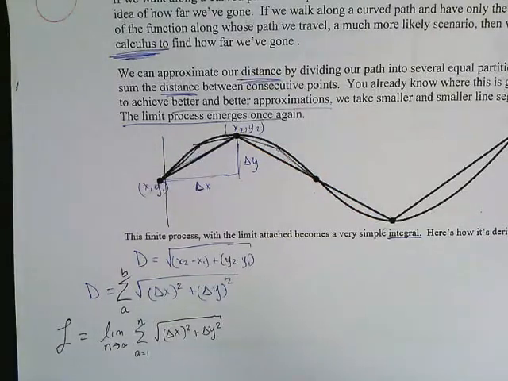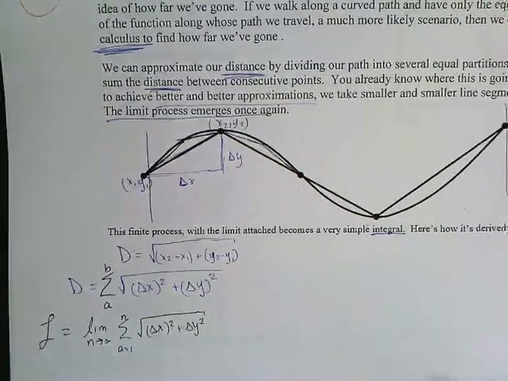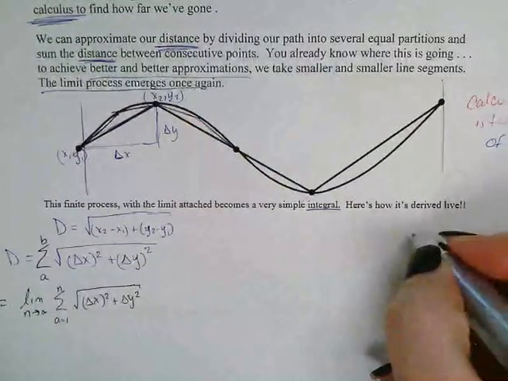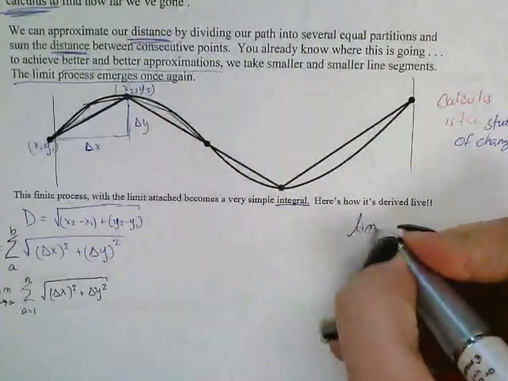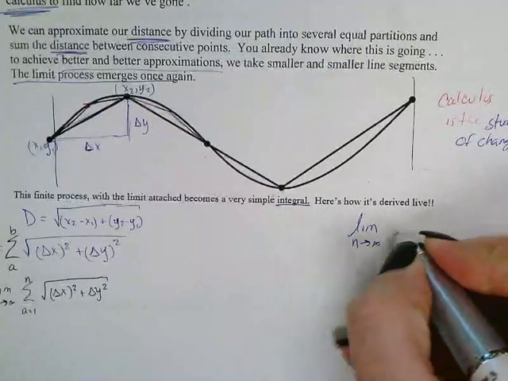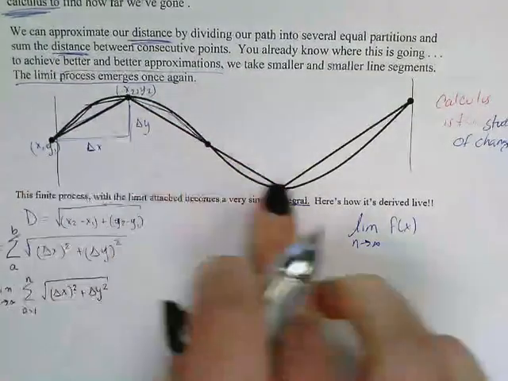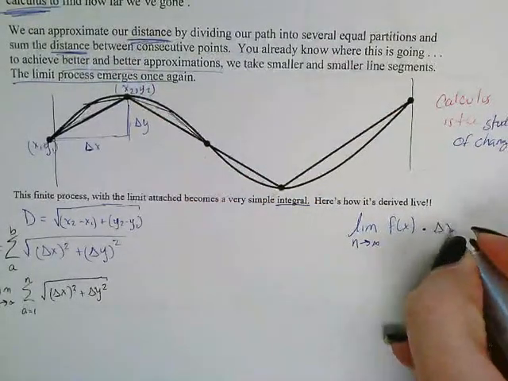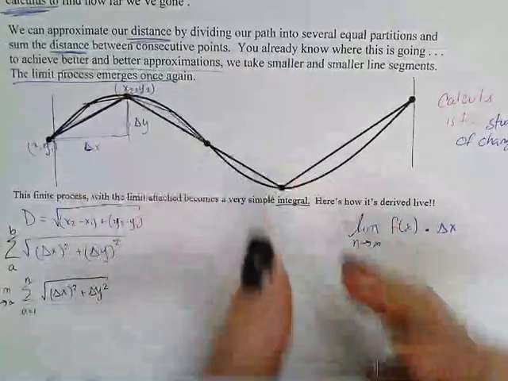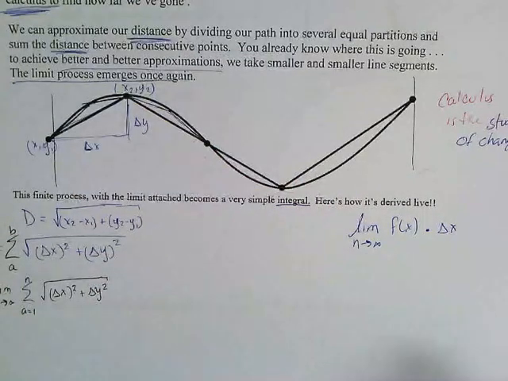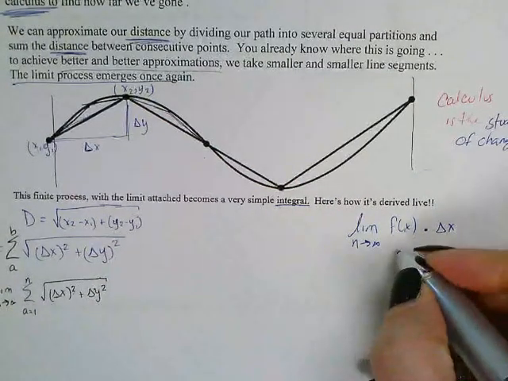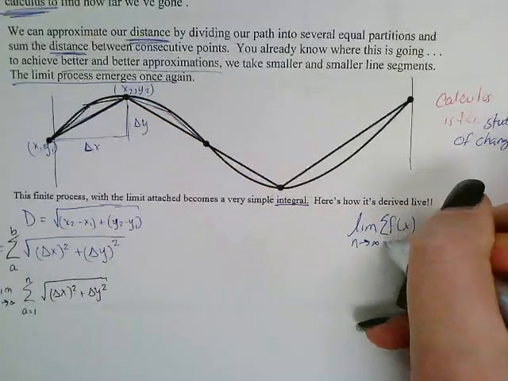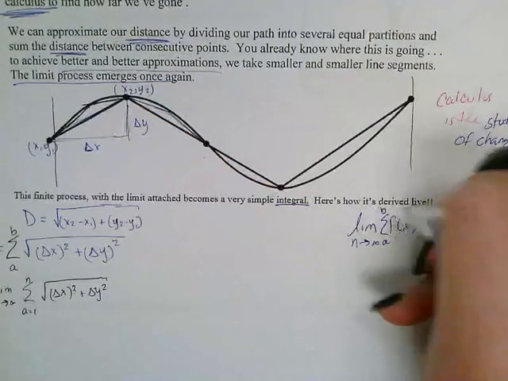Now, in order to use calculus for this, do you guys remember how limits and integrals are related? So, just a little side: when you have the limit as n approaches infinity of a function, this is our function, times the change in x, however you're dividing it, this can be rewritten as the sum of the function times the change in x from a to b.